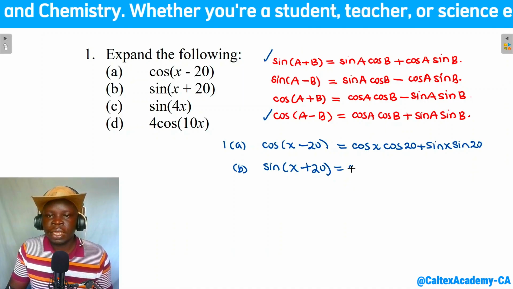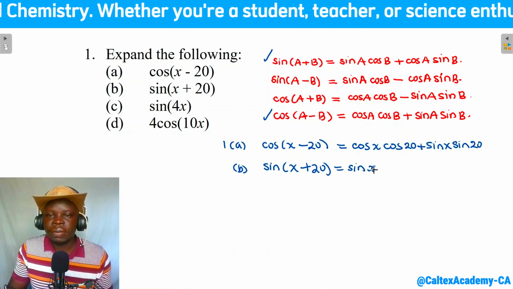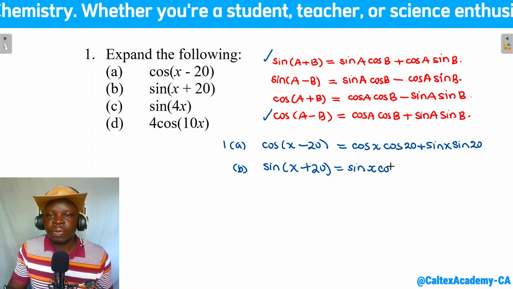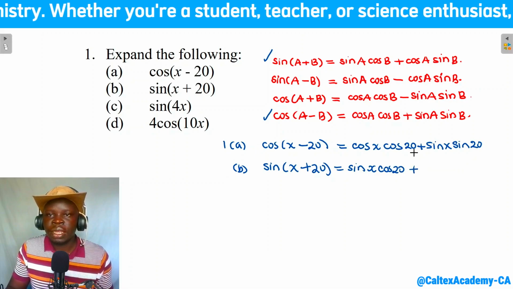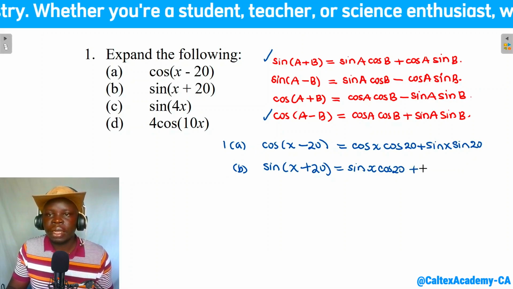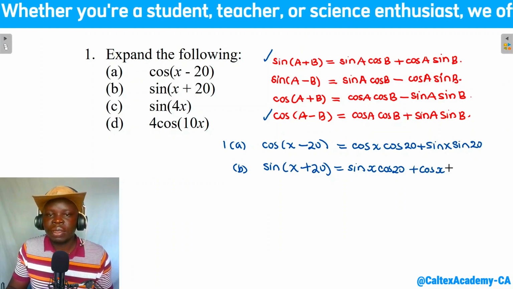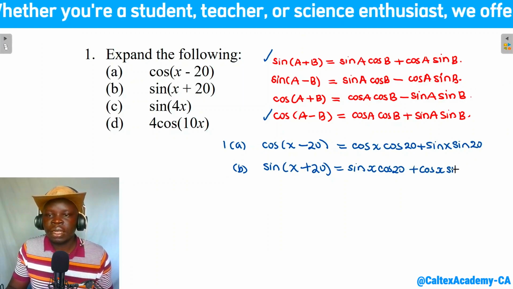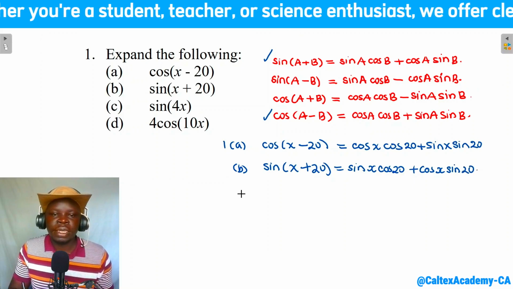Therefore, we'll have the sine of our a, and our a is x, then times cos of b, and our b here is 20. And we'll add it together because here is addition, and have cos of a, and our a is x, times sine of b, and b here is 20. So we've also expanded it successfully.